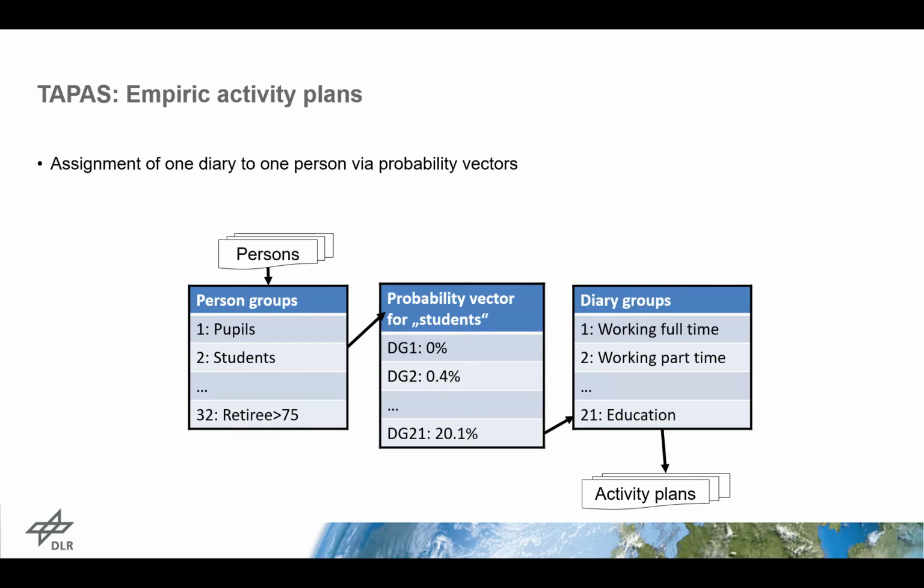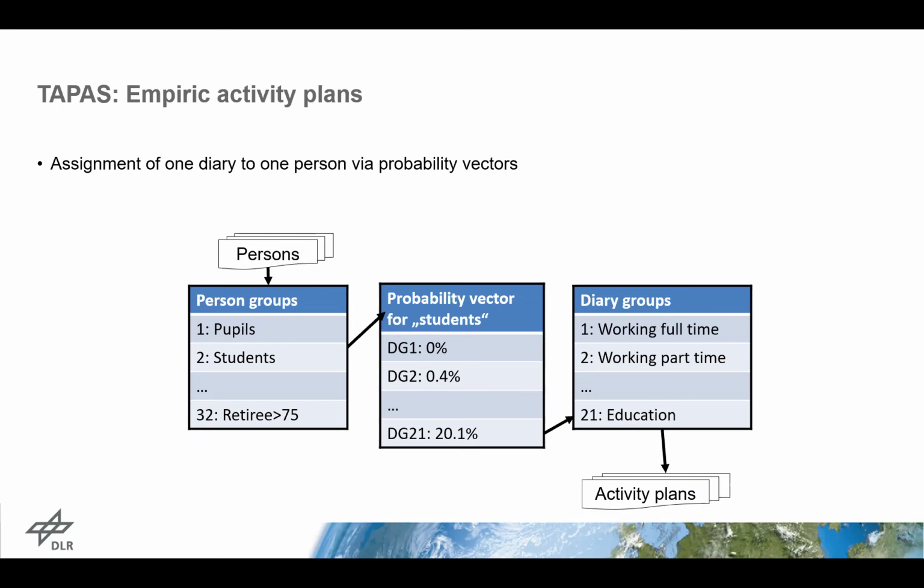In this example, students have a probability of 20.1% of picking diary group 21, and diary group 21 is education. And then you just pick up in your activity plans the diary group which consists mainly of educational diaries, and then you have an activity plan for your day.